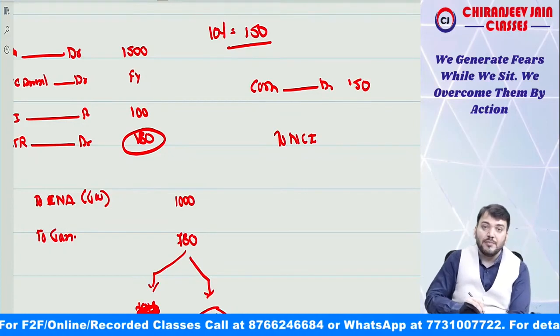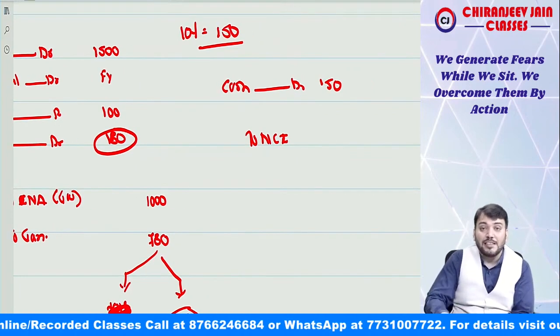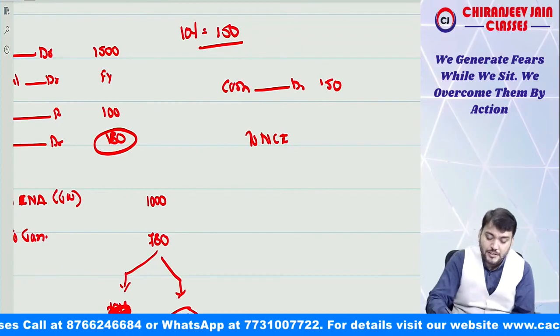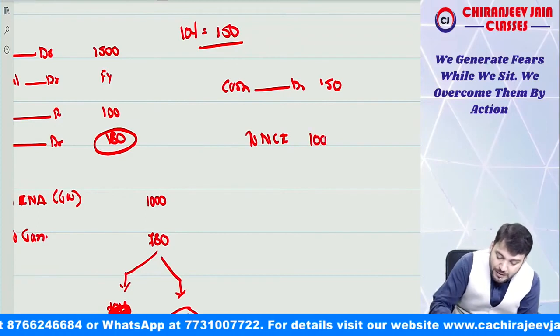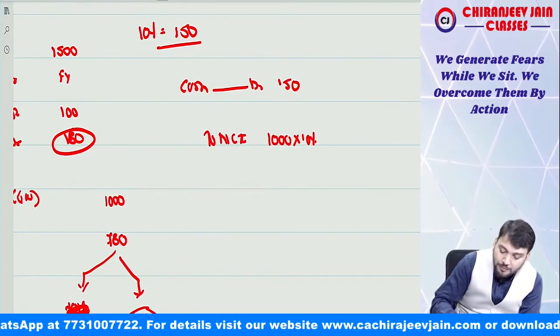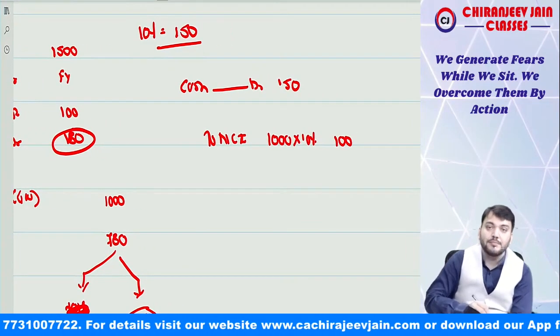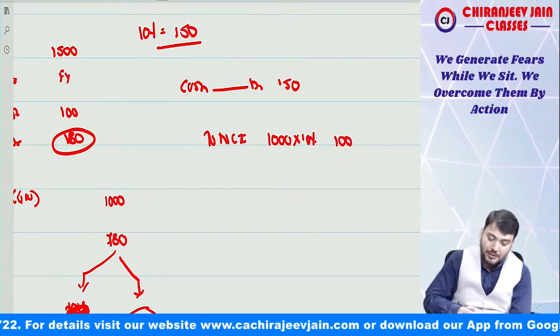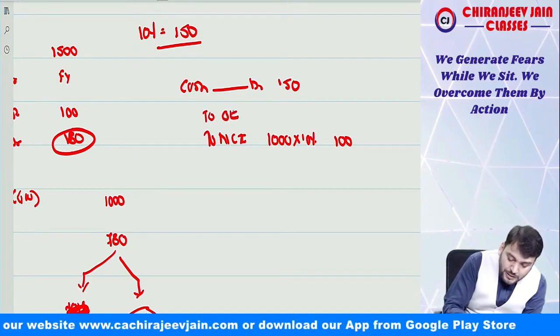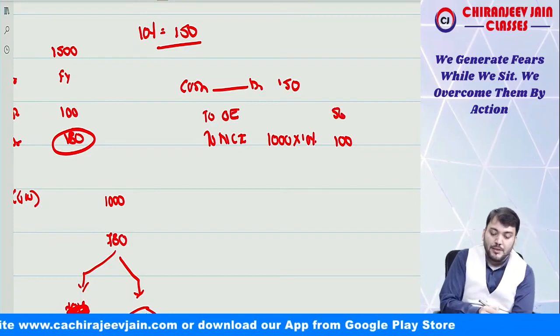NCI will increase by the 10% proportionate amount of the carrying amount of net assets. So NCI will increase by 1000 into 10%, which means it will increase by 100. And the difference will be transferred to other equity, so other equity will be 50.